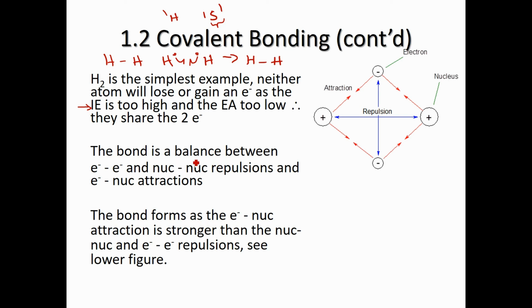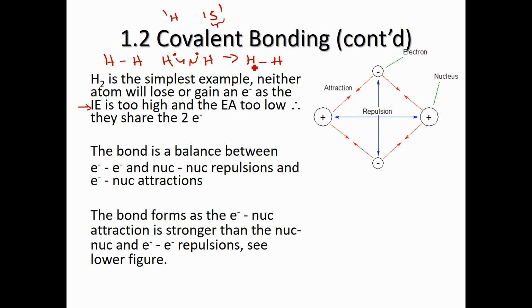Okay, the bond is a balance between the electron-electron and nuclear repulsion and the electron-nuclear attraction. So what this is saying is, instead of there being one hydrogen pulling electrons more than the other, you just have normalized forces of attraction and repulsion.